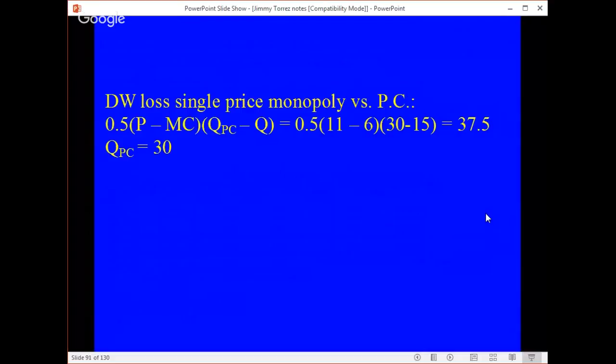The quantity under monopoly is 15, and I get a deadweight loss of 37.5. So the deadweight loss for the third degree price discrimination gives us more deadweight loss, but it also gives the monopolist more profit. So if you're the monopolist, it's good. If you're society or a consumer, it's bad.